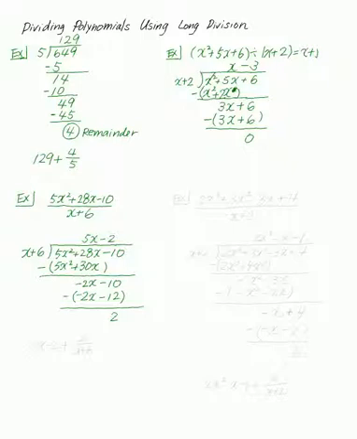Negative 10 minus negative 12, the minus negative 12 becomes a positive 12. Negative 10 plus 12 is positive 2. Here's how we write the answer. The answer is going to be 5x minus 2, which is what I have up top, plus 2 over what I'm dividing by. In this case, is the x plus 6.